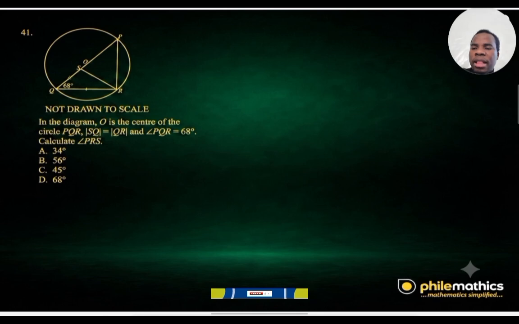PQR, line SQ equals line QR, and angle PQR is 68 degrees. Calculate angle PRX, specifically this angle. The rule of thumb in solving questions that pertain to circle theorem is know the theorems and then start from the angles you know.